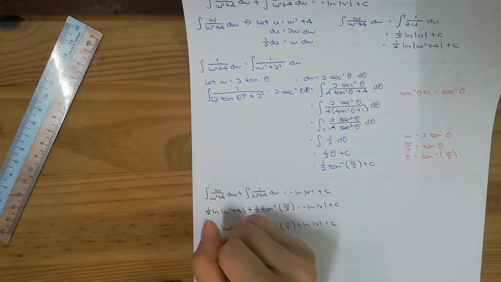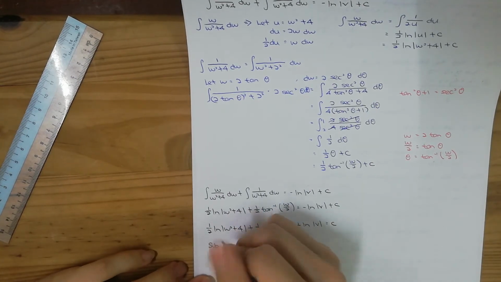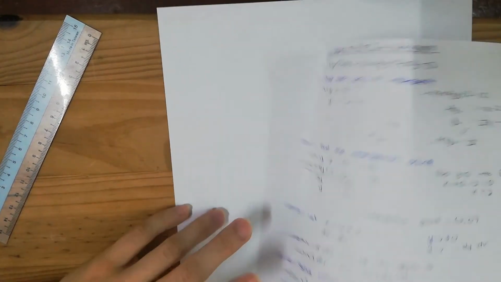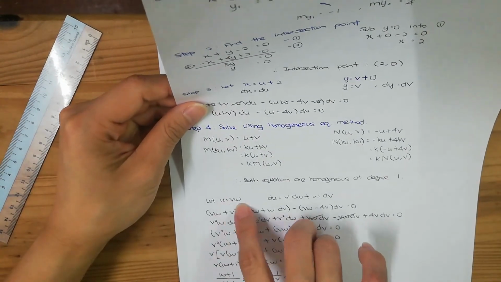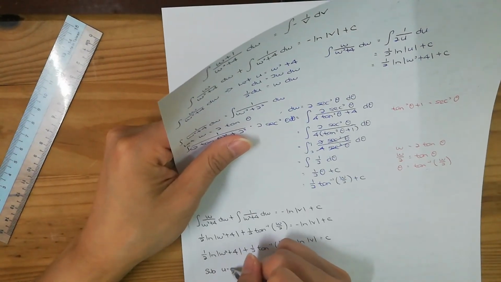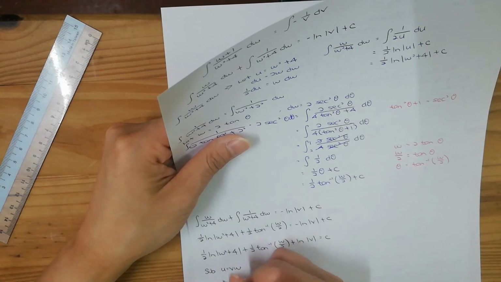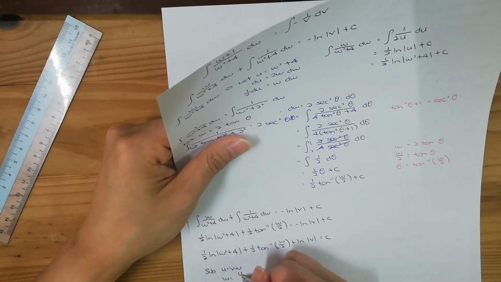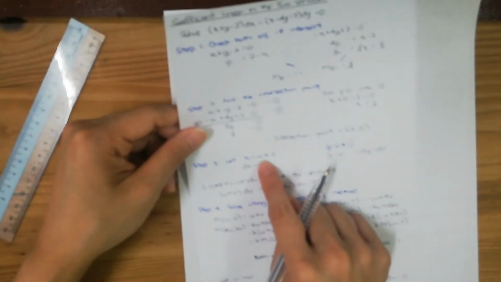So we substitute back our U in front. You can see here U is equals to VW. So we just substitute U is equals to VW. So we want it in W, so W is equals to U over V. So our U here is this one.